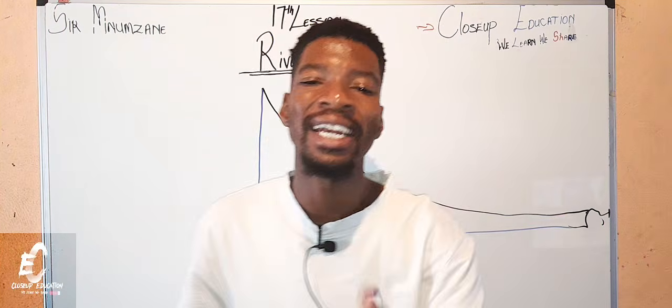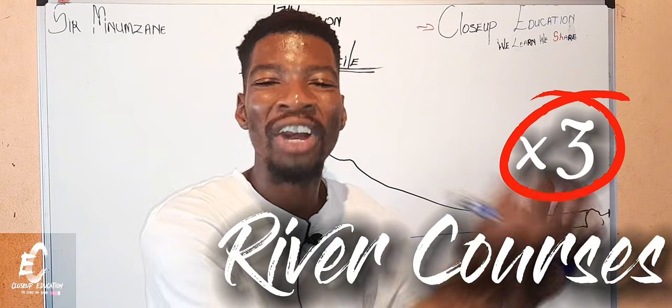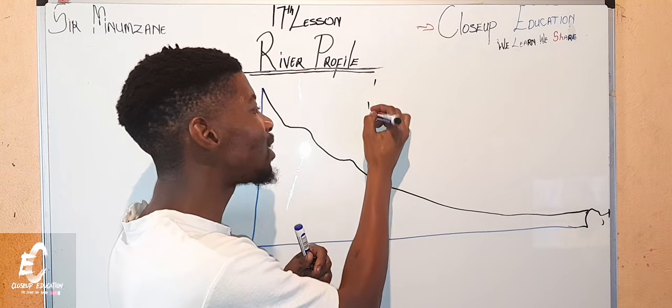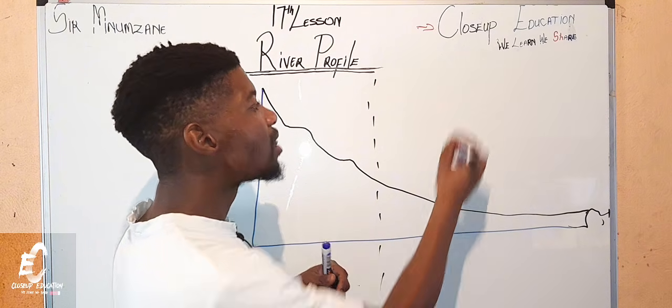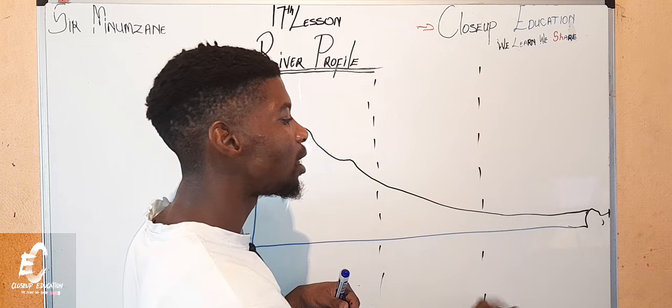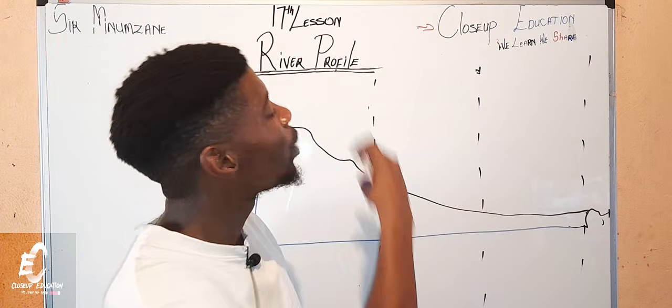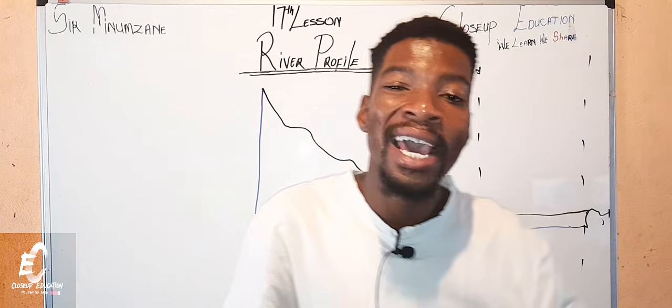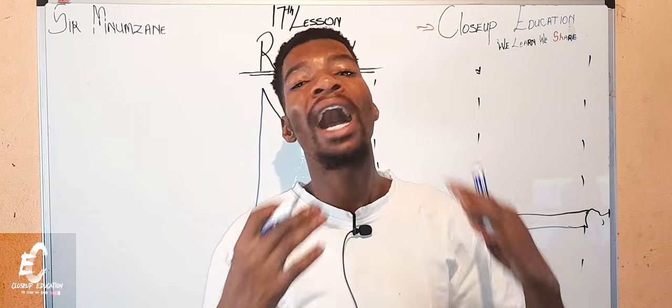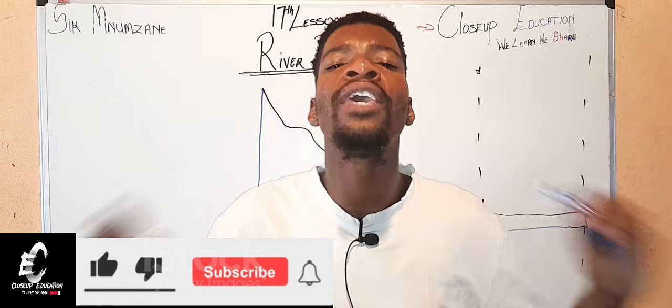As I've said, there are 3 types of river courses, meaning there's this first river course, this second river course, and this last river course. Now that we understand we have 3 different river courses, we have to identify them and give them names.